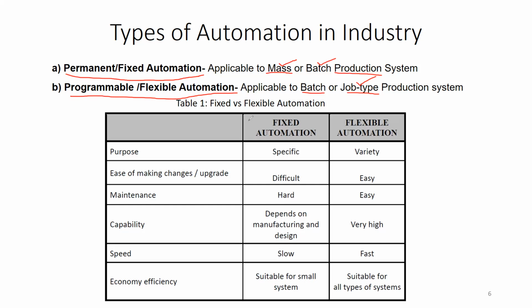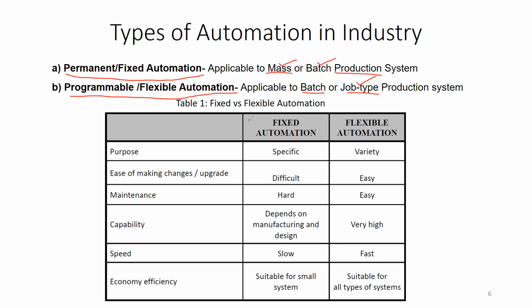Okay, so if we take some examples of a fixed automation, what could be the examples of a fixed automation? Fixed automation means that in a given industry, you have fixed places of machines, you have fixed places of material movement, and you have fixed places of the person who would be visiting the places and overall supervising the process.